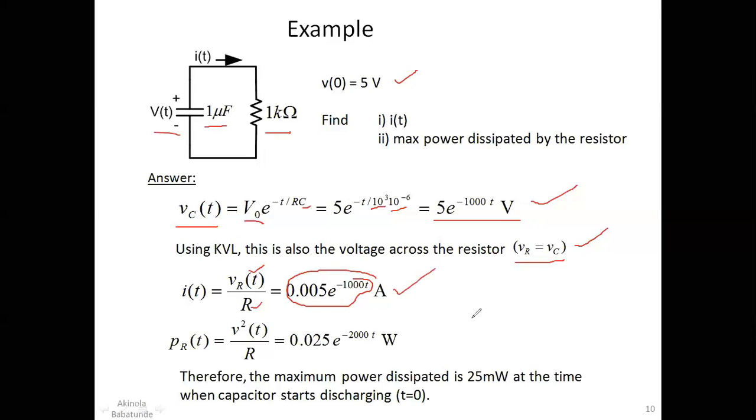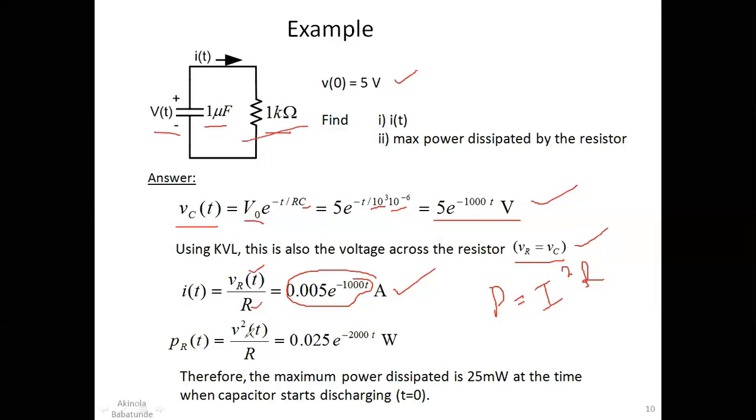Don't forget to find your power. Power is always equal to I squared R. We've discussed this before. Don't forget I of t squared multiplied by R if you are dealing with it as a function of time. So power will therefore be equal to the power in the resistor, by the way.